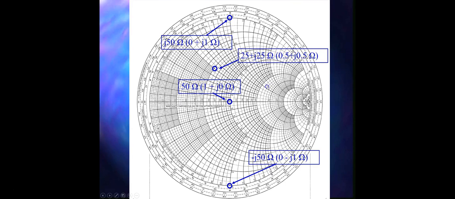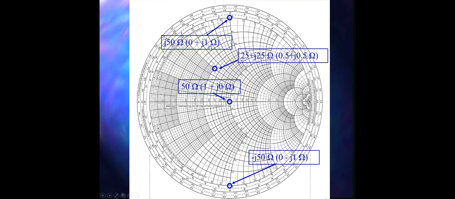If you look into the Smith chart, then you will find this j50 ohm over here, and you will basically use this point based on this j1. So here, if you see closely, this is 0.9, so after this comes the 1, so that's why we have pointed over here.